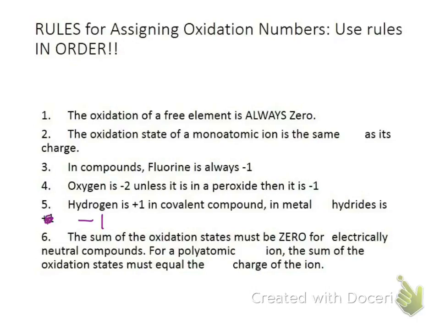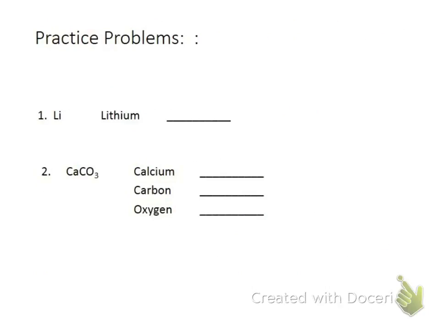So let's do a couple, because that sounds kind of confusing right now, right? So lithium, what would the oxidation state of lithium be? 0. It's an element, so it would be 0. When we're looking at calcium carbonate here, here's what I suggest.